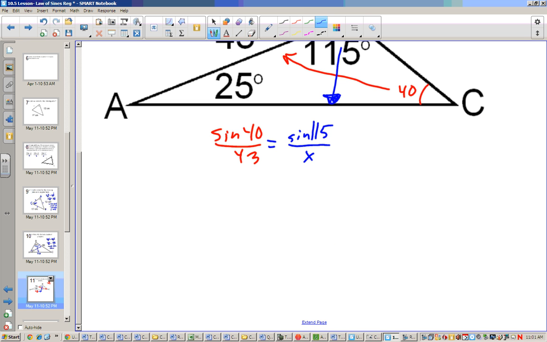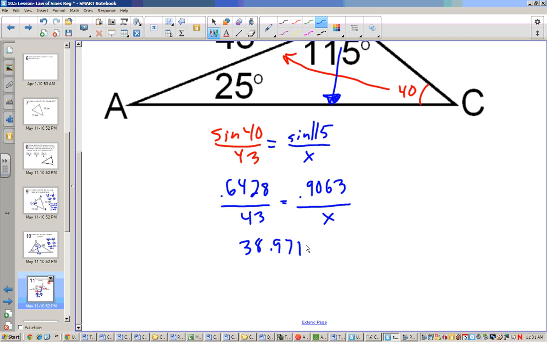Now, we have to find the sine of 40 and the sine of 115. So we type in our calculator, sine of 40, sine of 115. Sine of 40 is 0.6428. Sine of 115 is 0.9063. Now when I cross multiply and divide, this would be 38.9712.